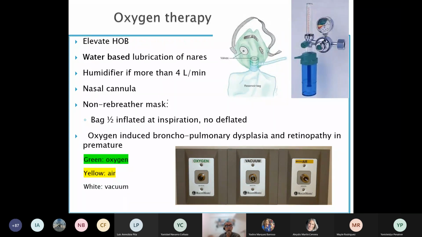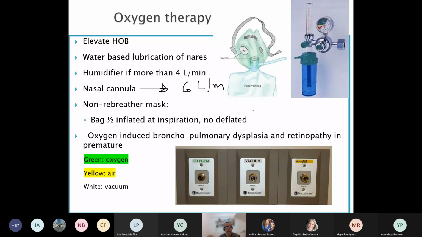Remember that you have 2 main options to give oxygen therapy: nasal cannula, which is going to be used in the majority of the cases, or a non-rebreather mask. Nasal cannula is useful until the rate of oxygen reaches 6 liters per minute. More than 6 liters per minute is not possible to administer through nasal cannula.